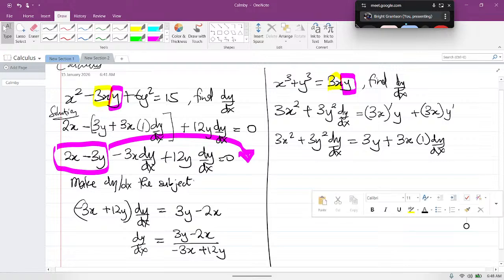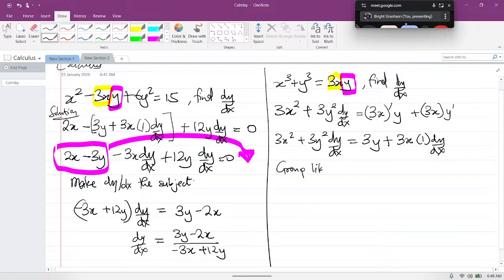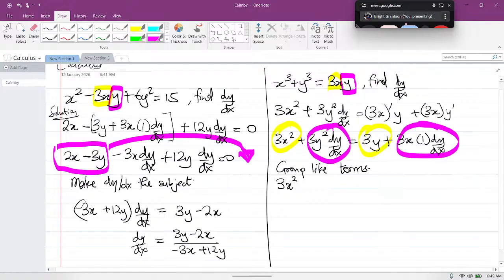Okay. Now group like terms. So 3x squared, this and this are similar. This and this are like terms, right? And these two are the ones with the dy/dx. So the terms with dy/dx go on one side.